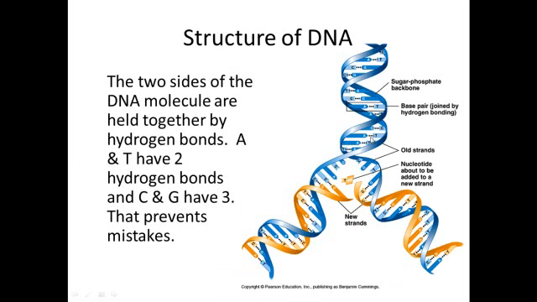A and T form 2 hydrogen bonds. Cytosine and guanine are going to form 3 hydrogen bonds. And because a 3 doesn't match up perfectly with a 2, adenine will never bond to cytosine or guanine, and thymine will never bond to cytosine or guanine. They're only going to bond to the one they're supposed to bond to.